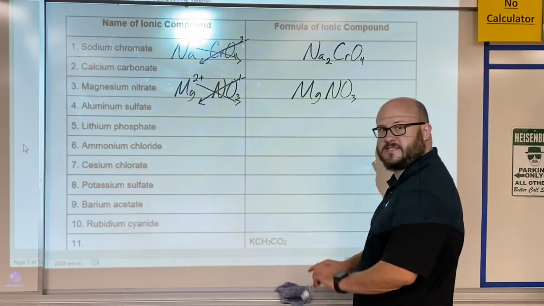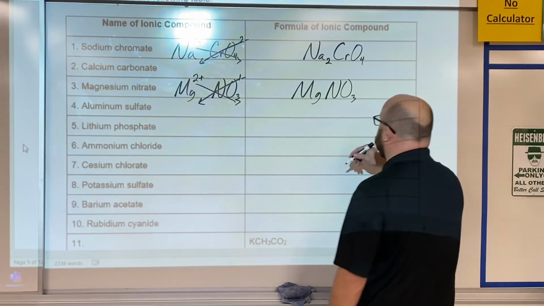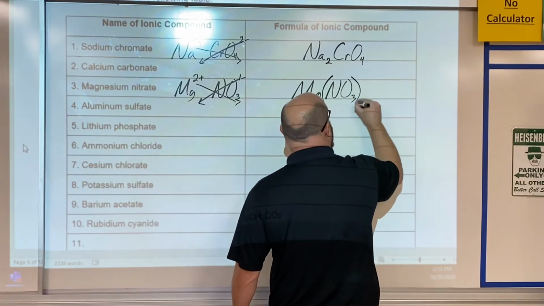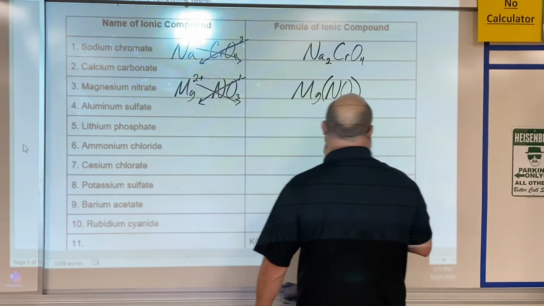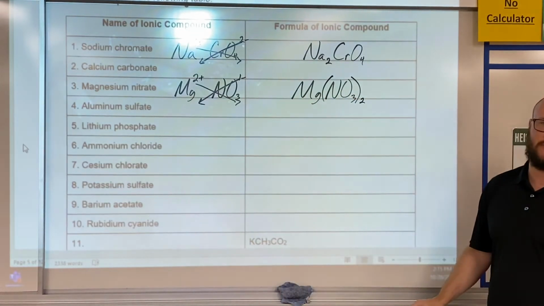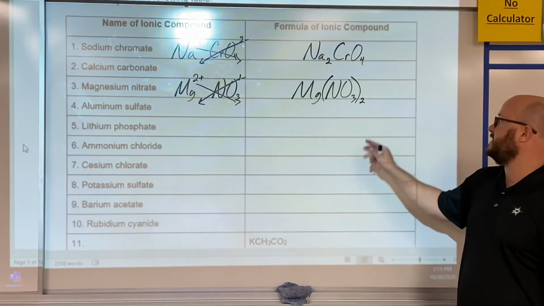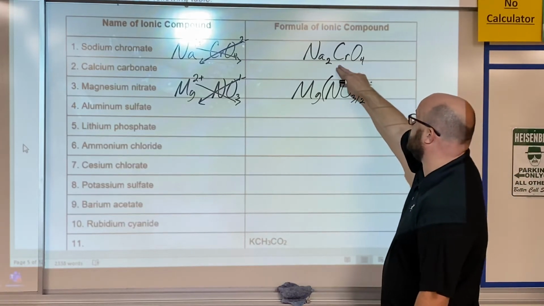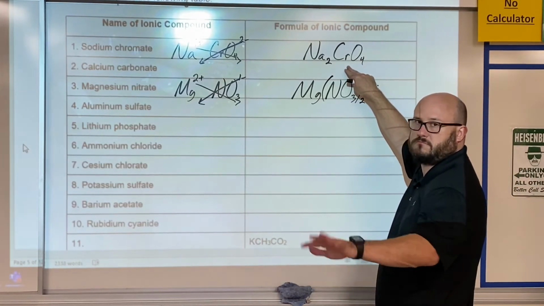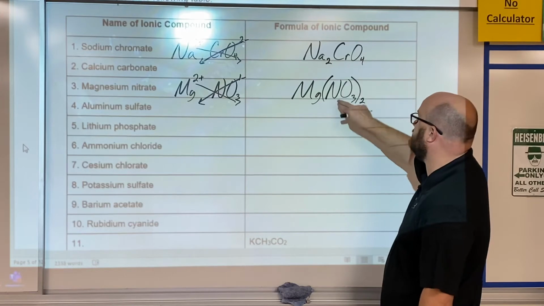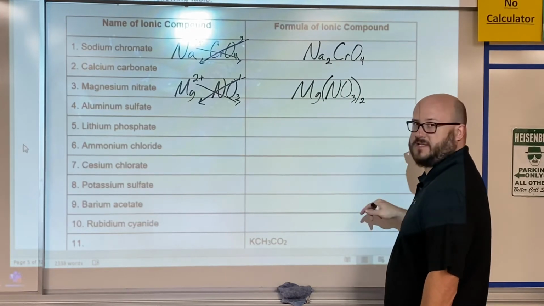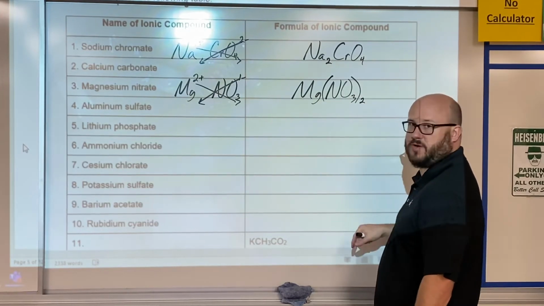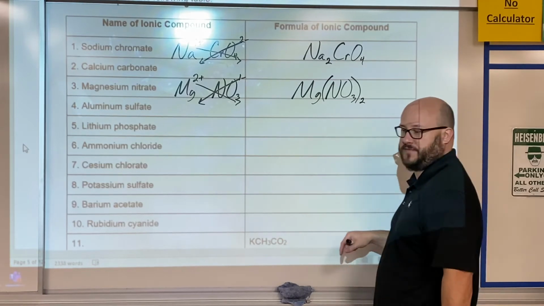So, to designate that we have 2 nitrates, we put that in parentheses and then put our 2 outside of the parentheses. So anytime there's a polyatomic with just 1 molecule, leave it alone. If it's more than 1, it has to have parentheses around it, and then the subscript goes outside the parentheses.